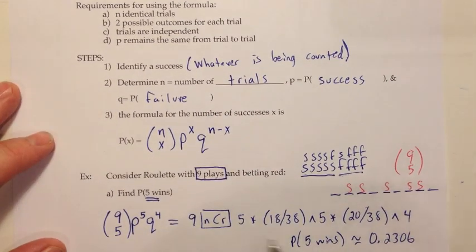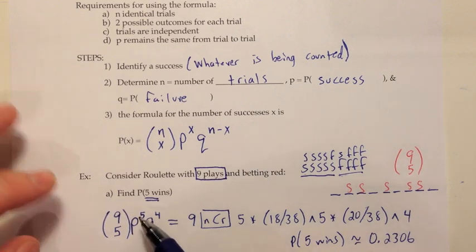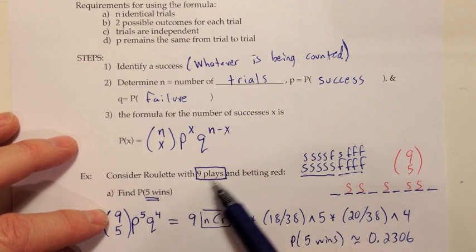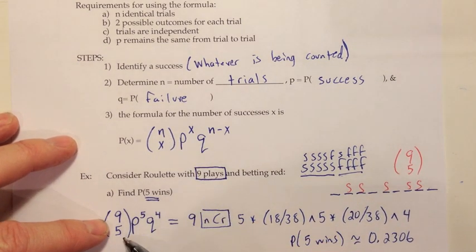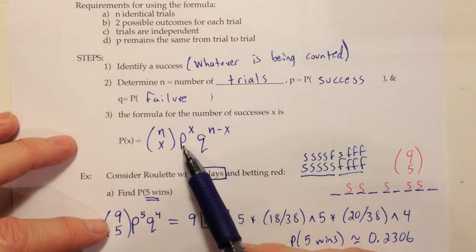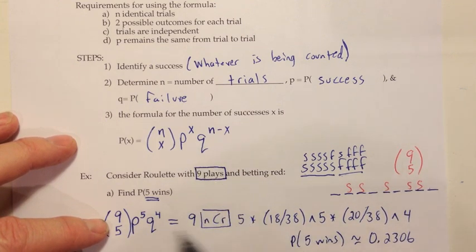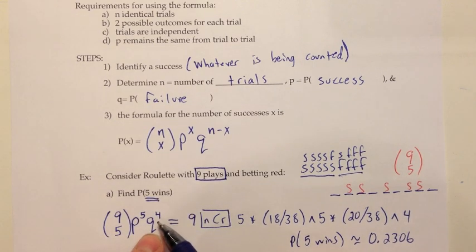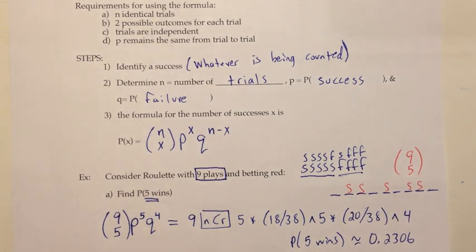And if you look at that, that does work for this one right here. We had 9 plays and wanted 5 wins, so n choose x was 9 choose 5. Then we took the probability of success and raised it to the 5th power, because we wanted 5 wins. And then for the number of losses, we did 9 minus 5 and got the leftover 4, so that was n minus x right there.